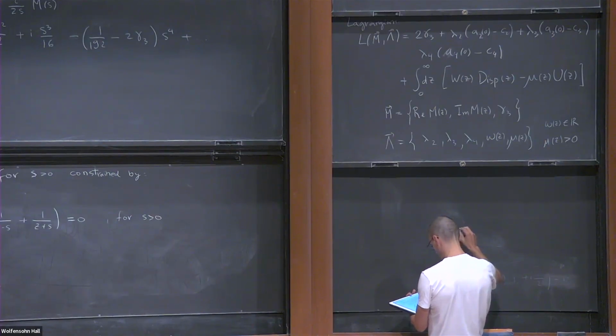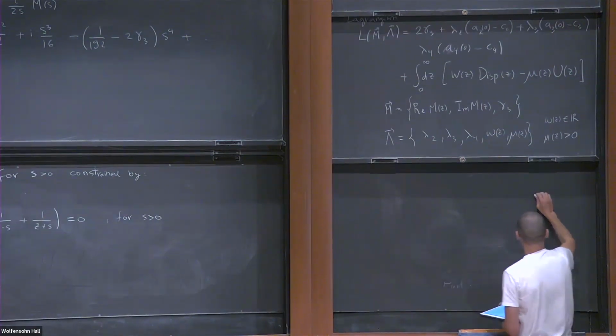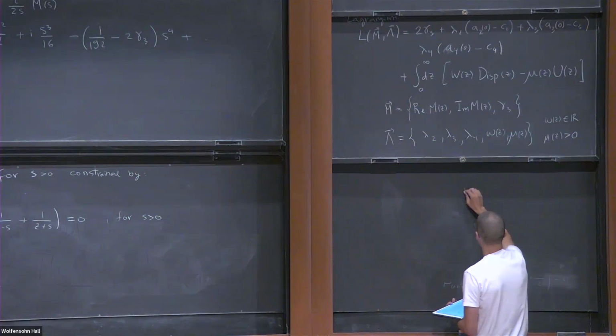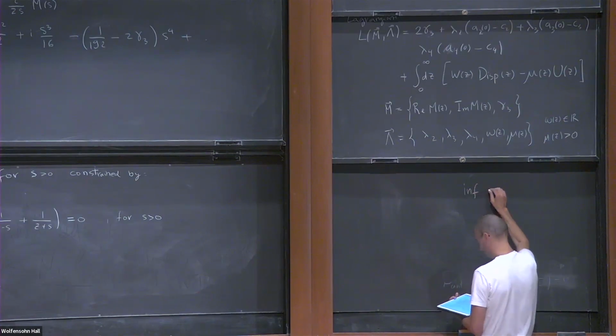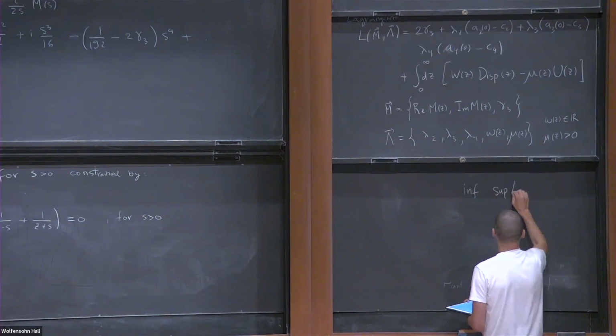Well, let me write it like this. So what's the optimal problem? The problem we are solving for the primal problem can be formulated like this, infimum or minimum. Let me write it.